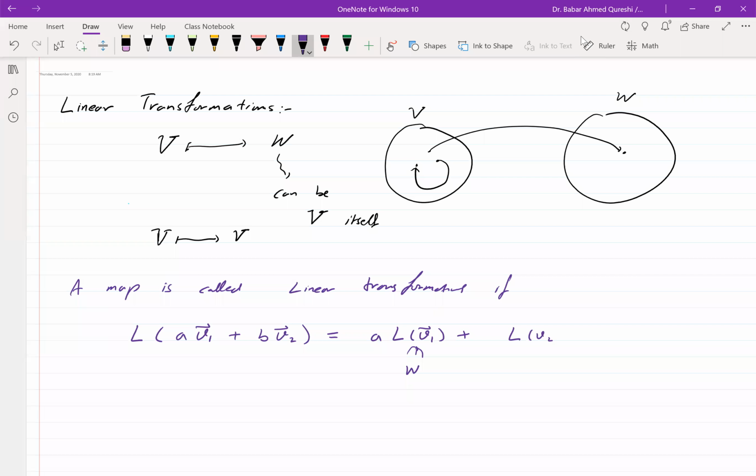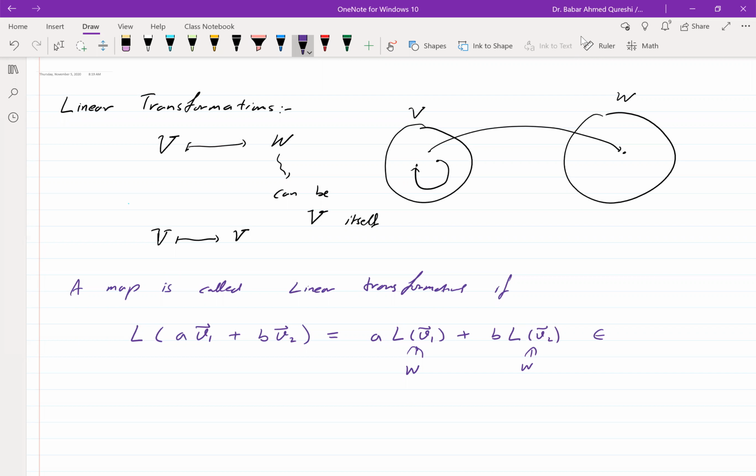And this is also living in W, so you can multiply with b. And since both of these objects now live in W, you can add them in W because you can add objects in vector spaces.